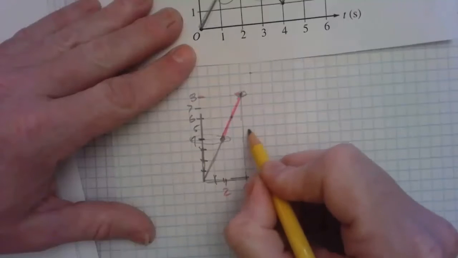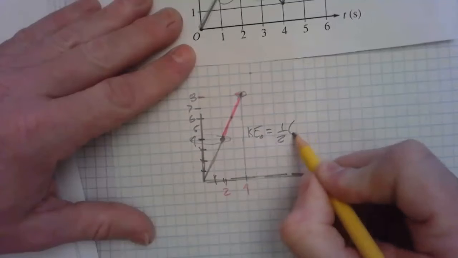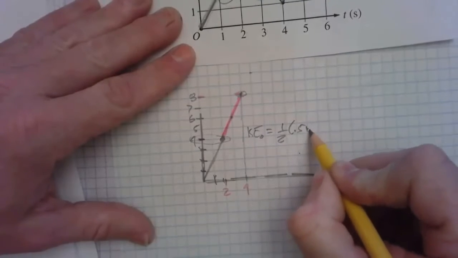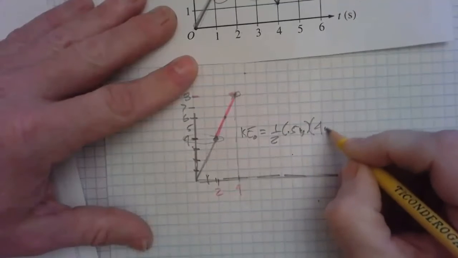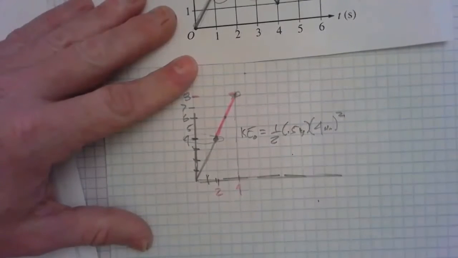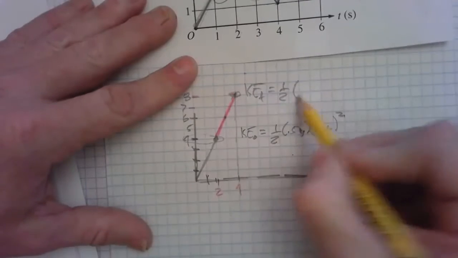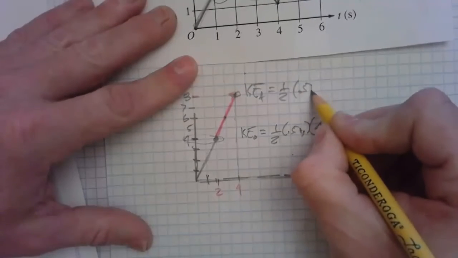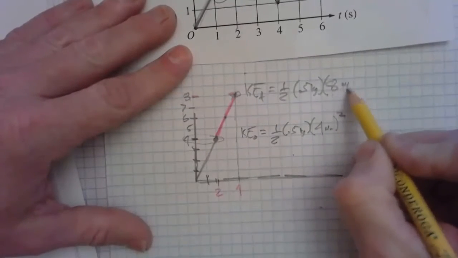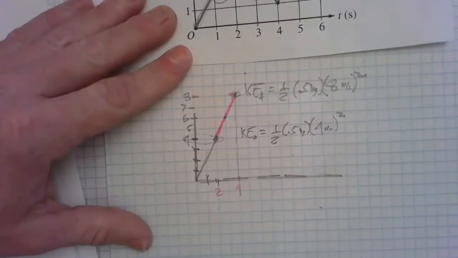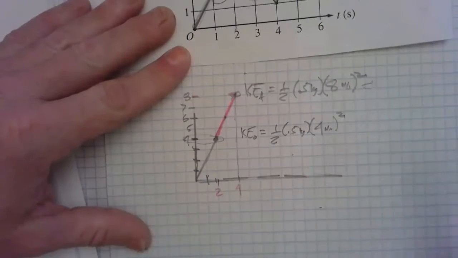The initial kinetic energy is 1/2 times 0.5, the mass of the object, times the initial velocity squared, so 4 meters per second squared. And the final kinetic energy is 1/2 the same mass times the final velocity, 8 meters per second squared. I find out what each of those are and subtract them, I should have my answer.